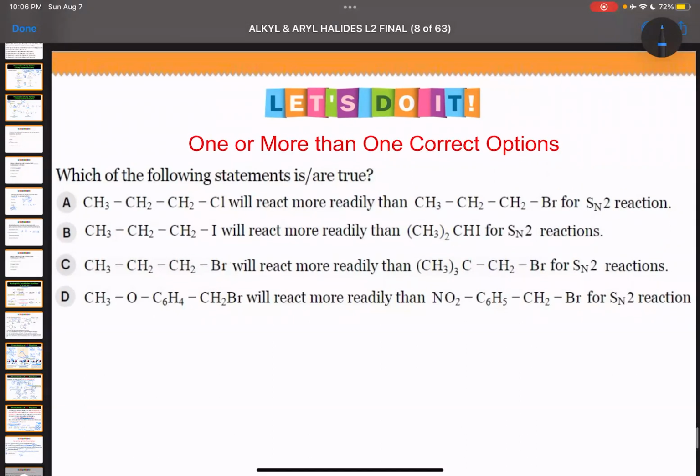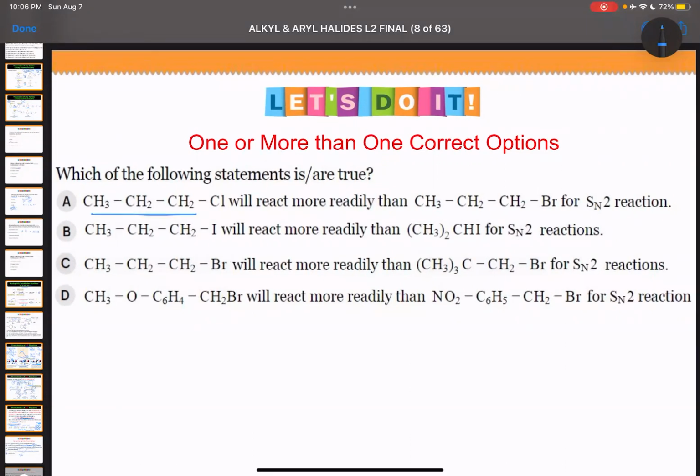Yes, Amira, is the first one correct? It is the effect of leaving group. So if you have the same alkyl group, will the nature of leaving group affect the rate of SN2 or will it not affect the rate of SN2 reaction? What will you say? Will the reaction get affected or will it not get affected?